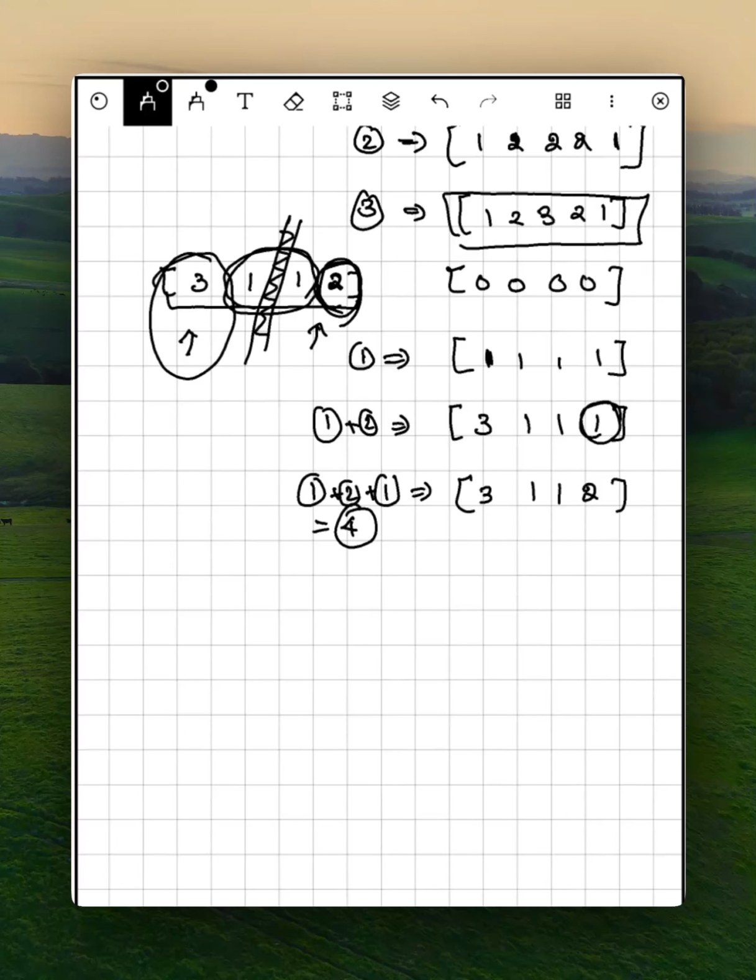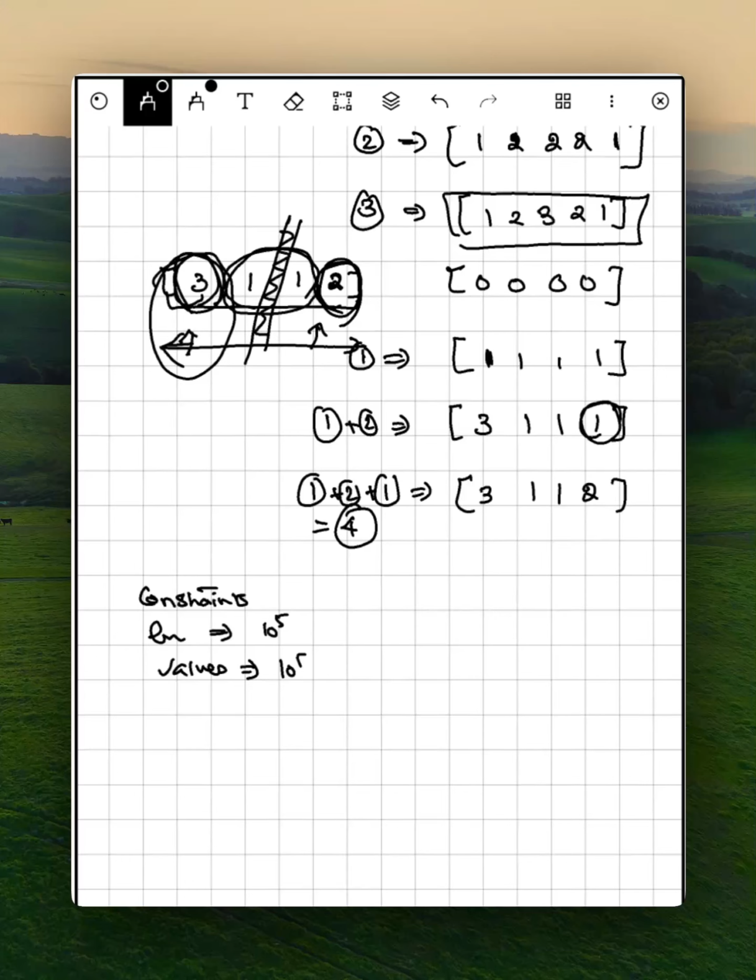Another thing which is very important is the constraints. If you look at the constraints, the length can max go up to 10 to the power 5, and the values can also max go up to 10 to the power 5. So I cannot do anything with regards to the value, like incrementing as many times as the value, or even iterating through the array multiple times.